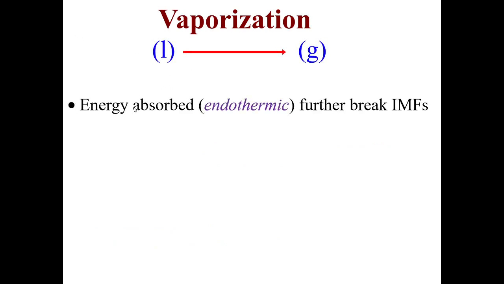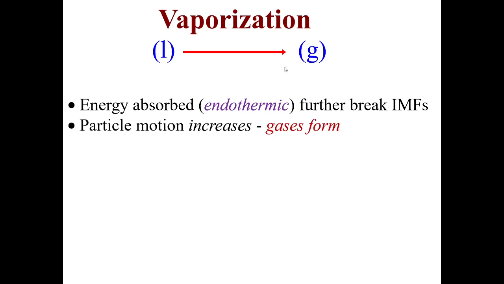All right, vaporization. Going from a liquid to a gas, you're going to have the same kind of thing going on here. Energy is absorbed, so it's endothermic again to go from a liquid to a gas, and it's further breaking those IMFs. So that energy is put into that liquid and you get a gas out. Particle motion increases.